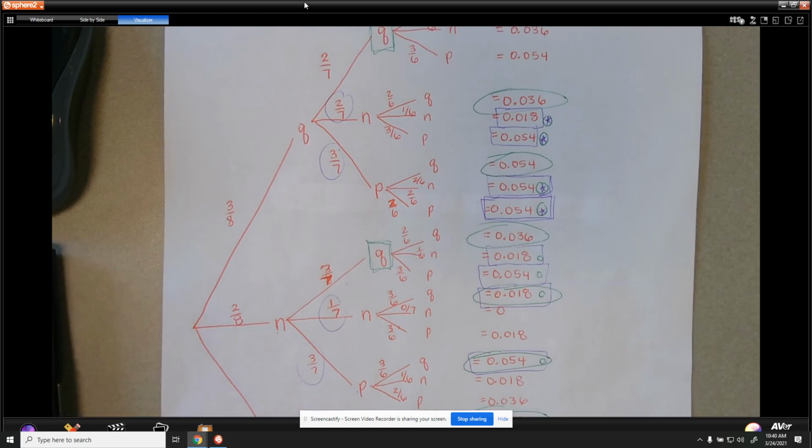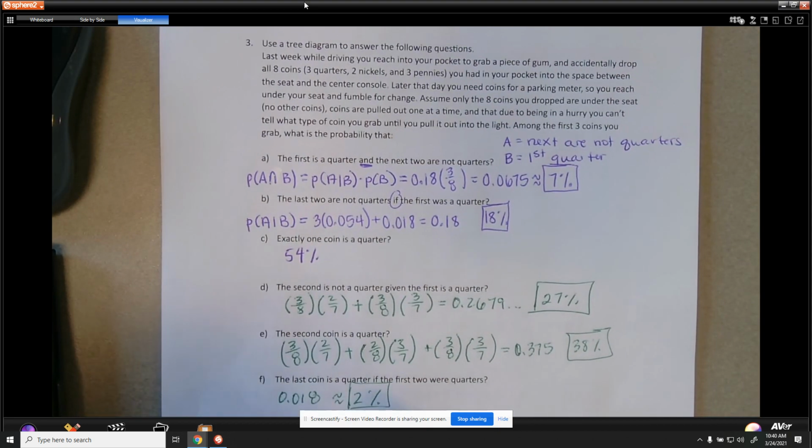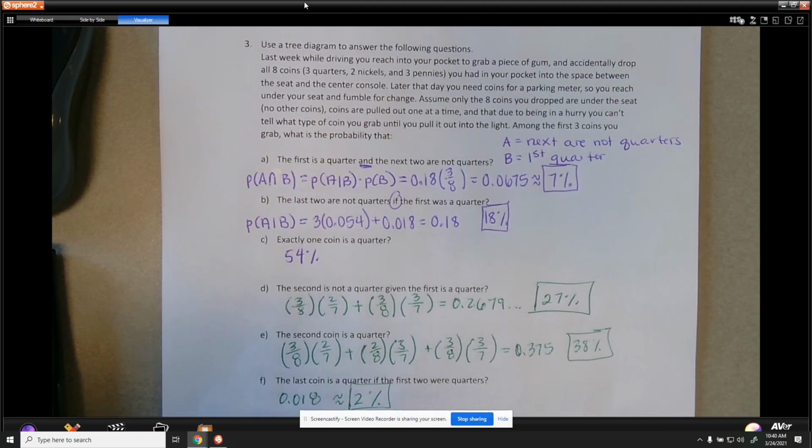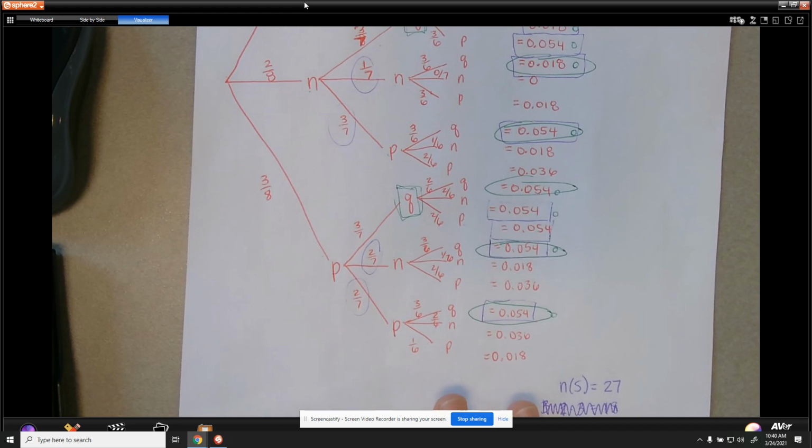All right, so I get about 38% again. Amazing. So 38%, same as the second one being a quarter. That's interesting.